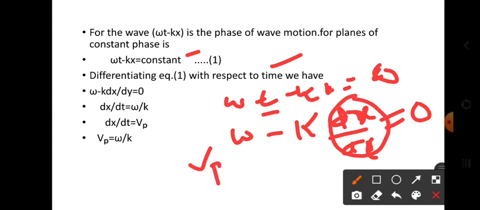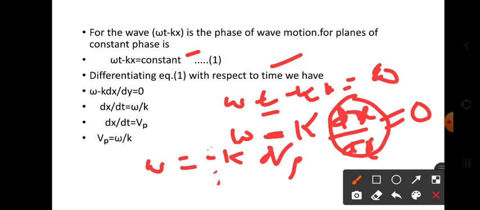Now see, a minus term is there, bring that to the other side. Then omega equals k dx by dt, and dx by dt is Vp, because distance by time is velocity.